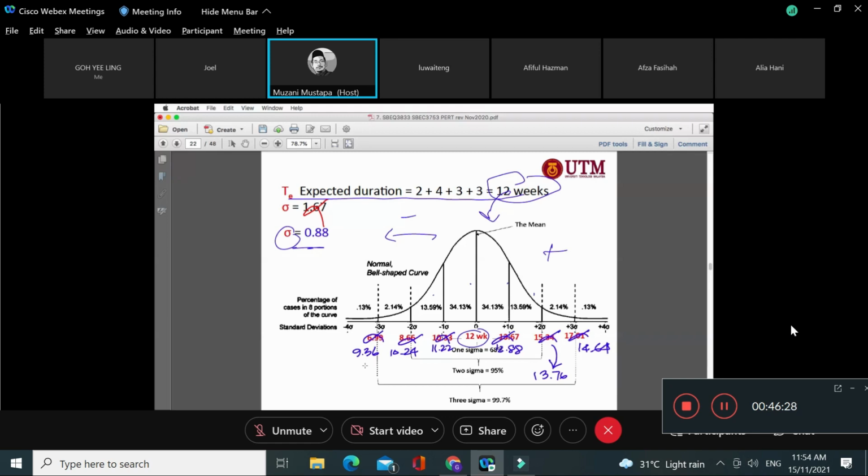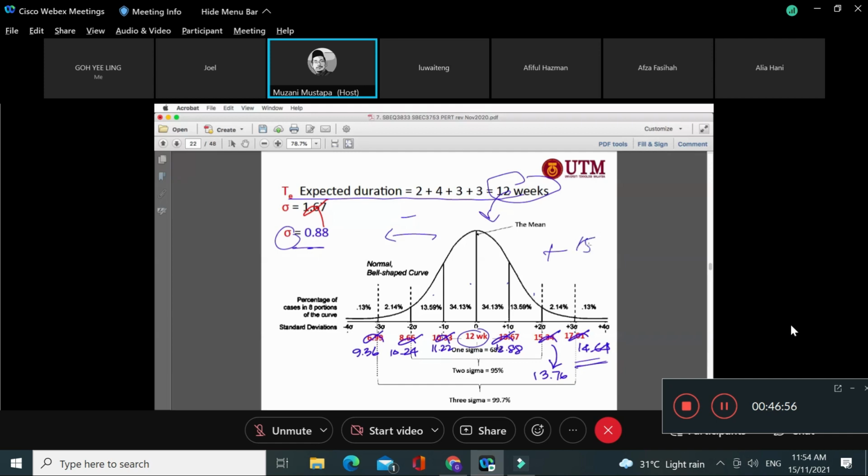Right? So it means the project can probably be completed in 12 weeks, but this only gives 50-50 chances, right? But if you give more time, based on the whole activity duration earlier, you can say 15 weeks is the duration to be certain that the particular project can be completed on time.